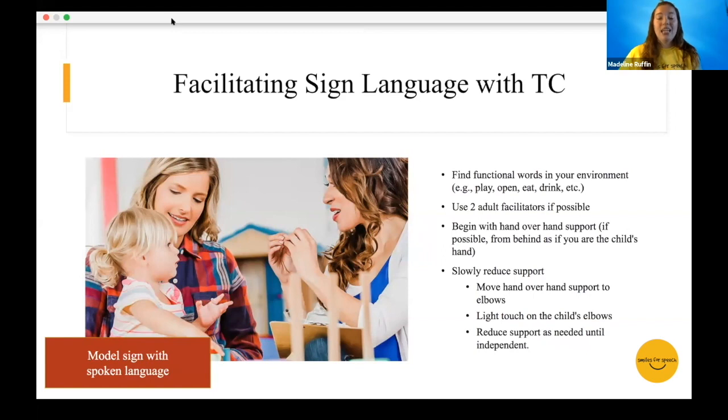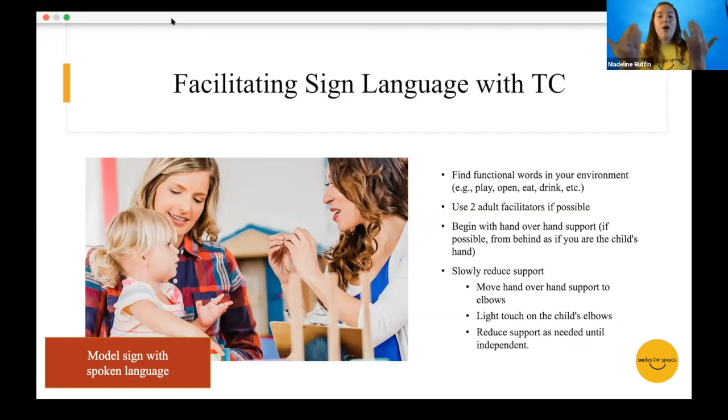How we would begin is have somebody behind a student and somebody in front of the student as the communication partner. And then as the person behind them, I would start with hand over hand support to help them model that sign. So I would have my hands directly over theirs and help them pull their hands towards their body for want.